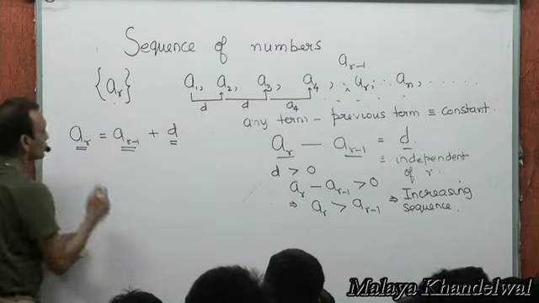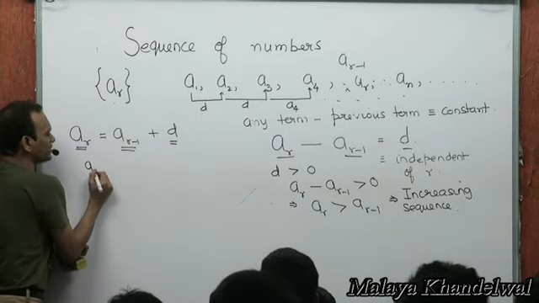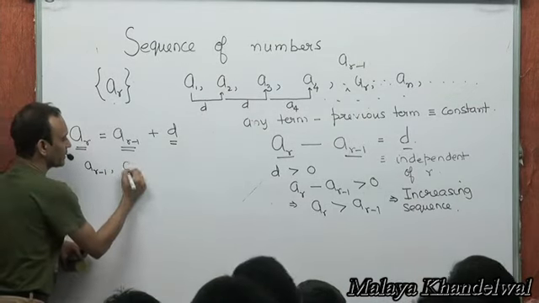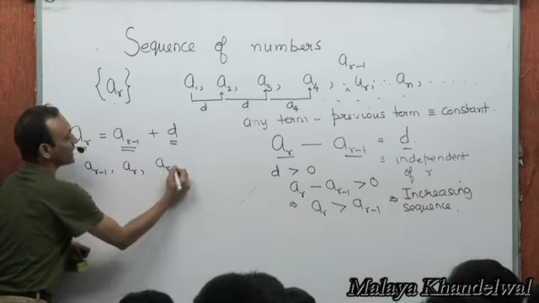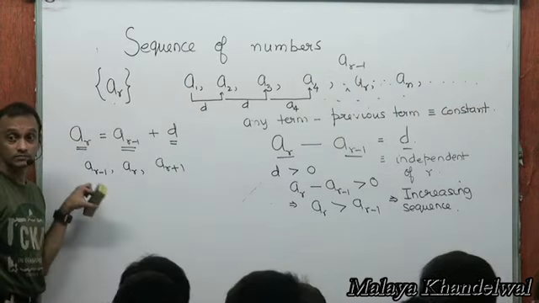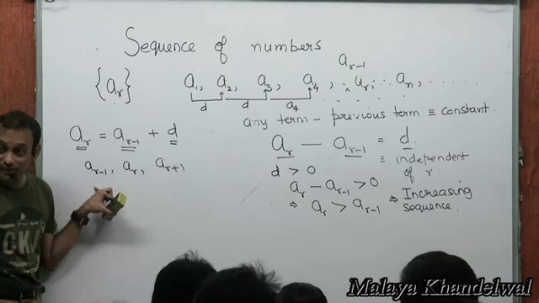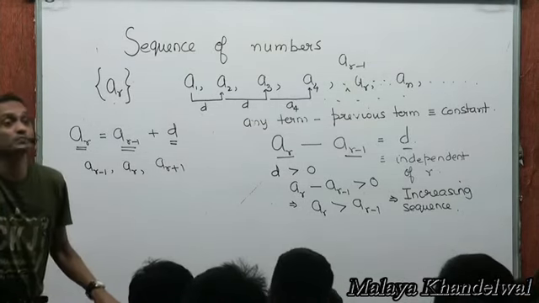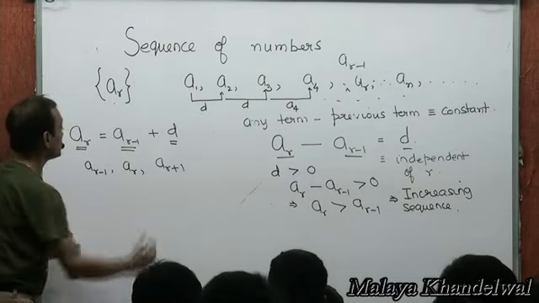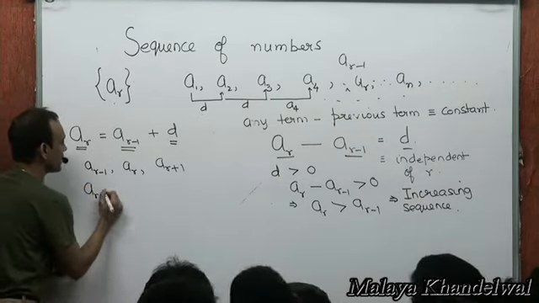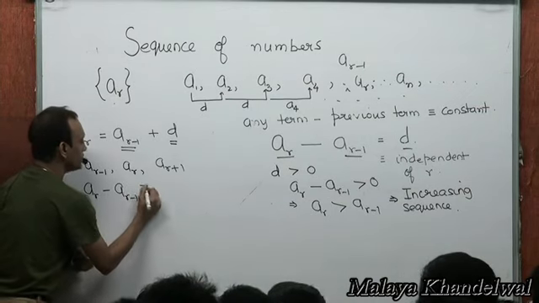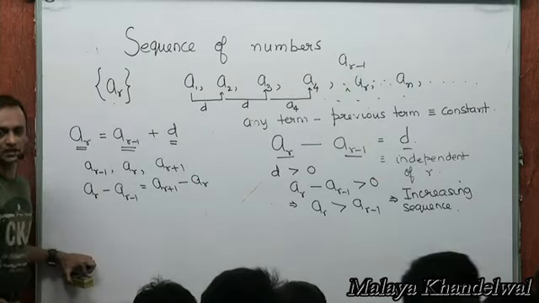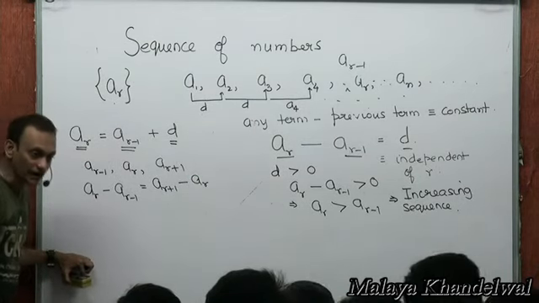Now, think of it. 3 consecutive members of the sequence. Say AR minus 1, AR, and AR plus 1. These are 3 consecutive members of the sequence, and they will subscribe to this property. Any term minus previous term is a constant, right? That means AR minus AR minus 1 will be equal to AR plus 1 minus AR for 3 consecutive terms, right?